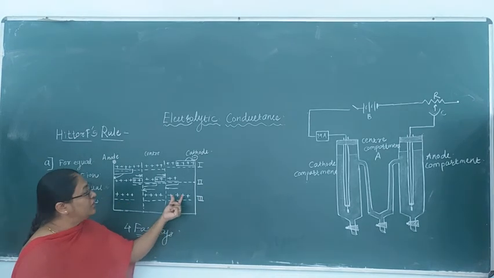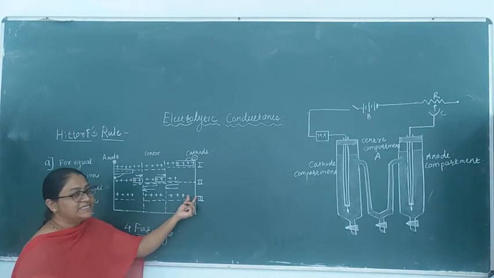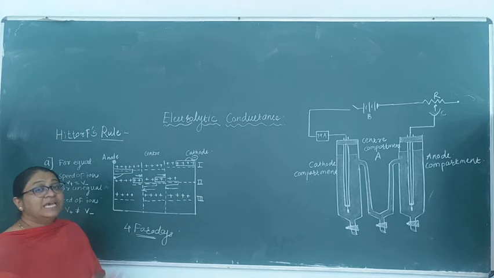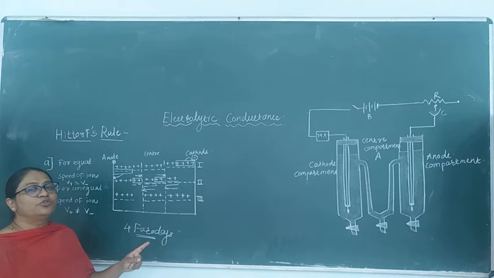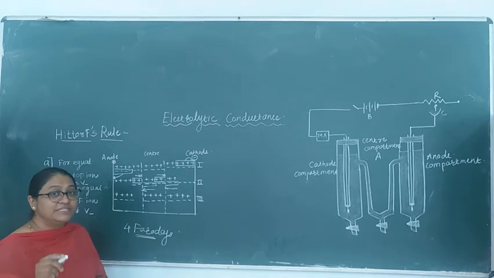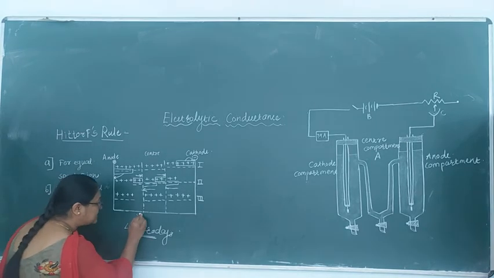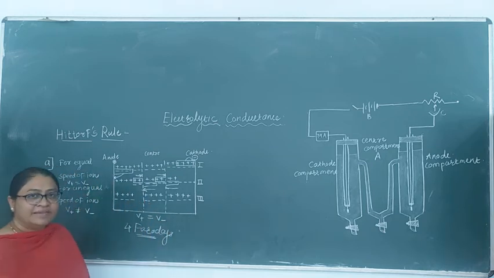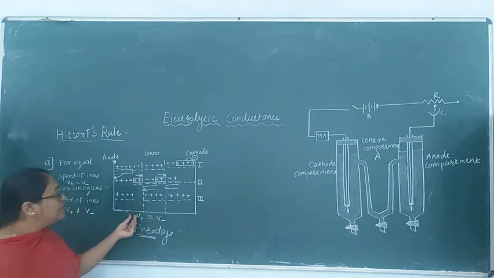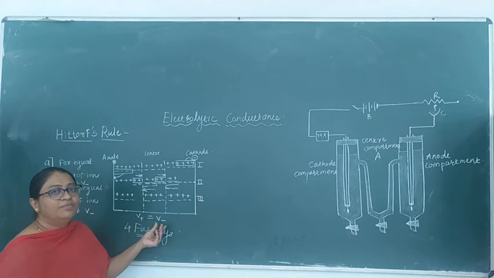Similarly, in the anode, here also 2 cations are lost and 2 anions are lost. That means the loss of cations and anions in both anode and cathode compartments is exactly the same. This is because V plus is equal to V minus. Correct? Therefore, V plus is equal to V minus.